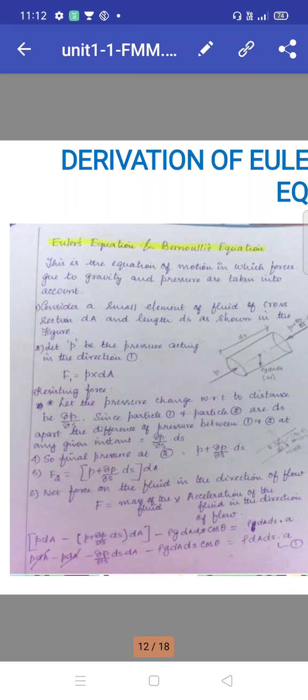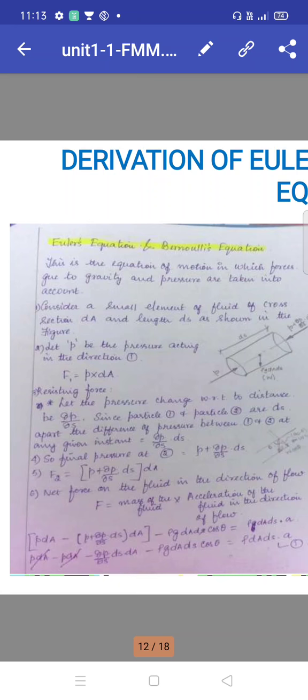The Euler equation for Bernoulli's equation is the equation of motion in which forces due to gravity and pressure are taken into account. Consider a small element of fluid of cross-sectional area and length as shown.